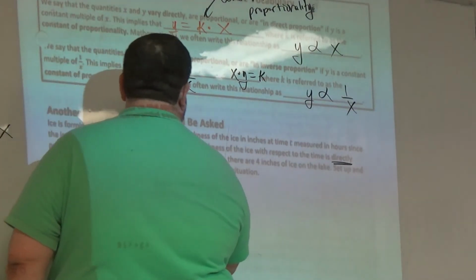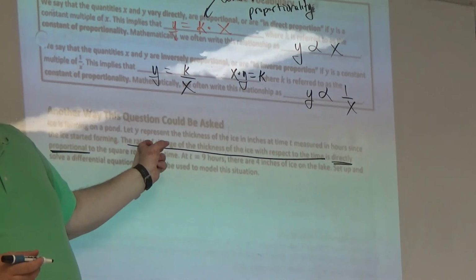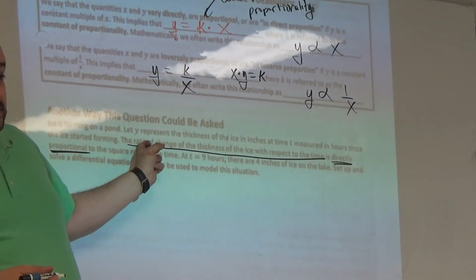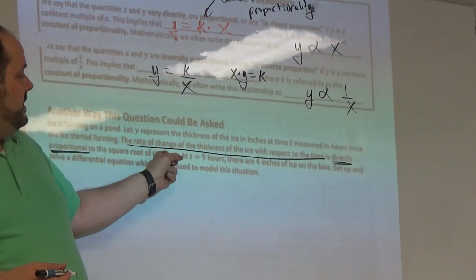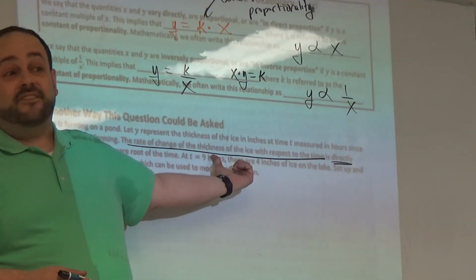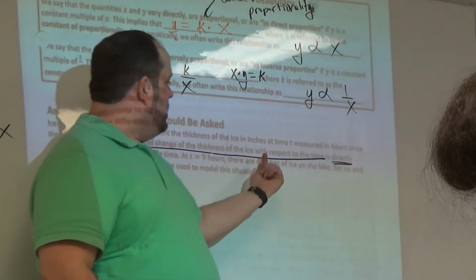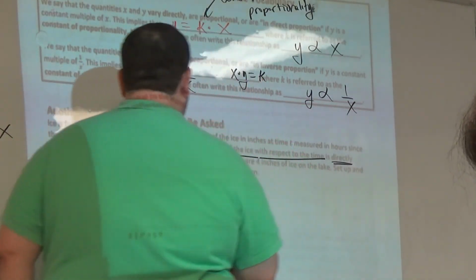The rate of change of the thickness of the ice with respect to time. Rate of change in a calculus class? Derivative. What am I taking the derivative of? The thickness of the ice. That's what I'm taking the derivative of with respect to t.